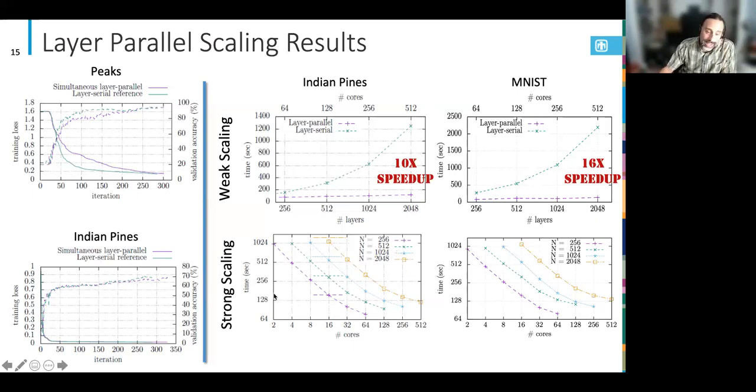In the strong scaling case, we have a fixed number of layers, and we're just trying to accelerate the training algorithm by adding more processors and doing the layer parallel decomposition. We see that we get good strong scaling, especially for the deeper neural networks. This is a feature of multigrid in time, where it actually does work better as things get deeper or you have more time steps.